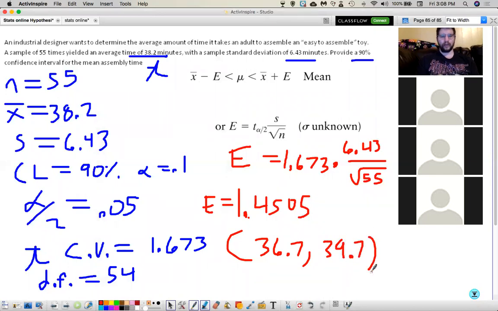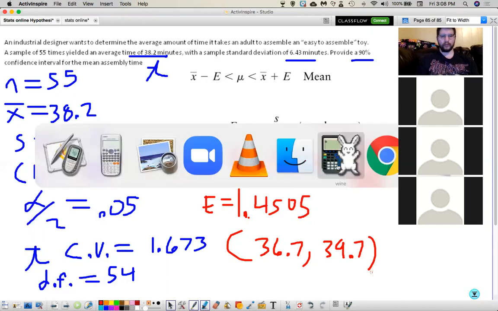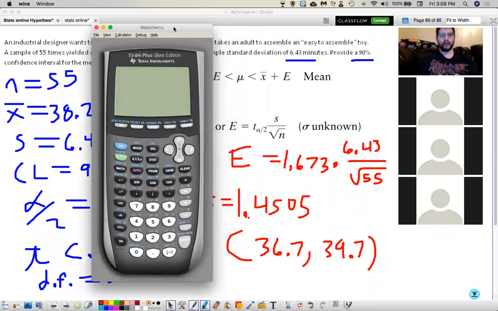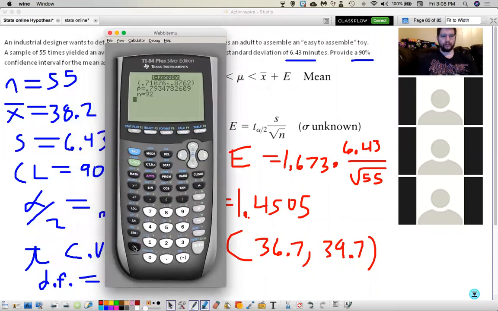We should get the same thing on the TI. It actually might be slightly different because of our T value right there. Maybe a 10th place. Probably not, though. Number 8, we have statistics, 38.2. This is T interval. S is 6.43.